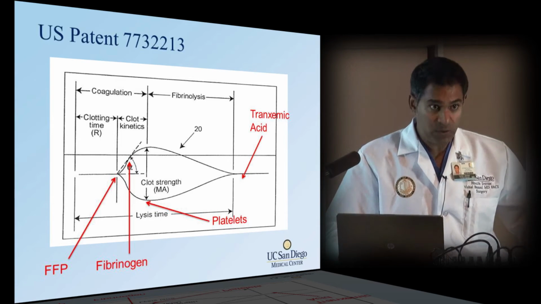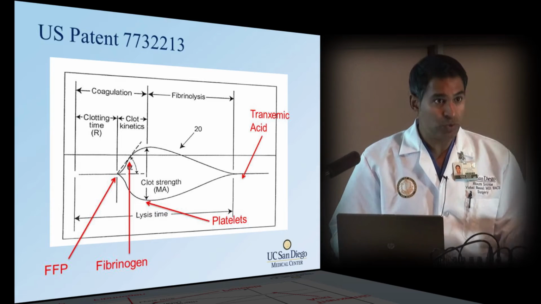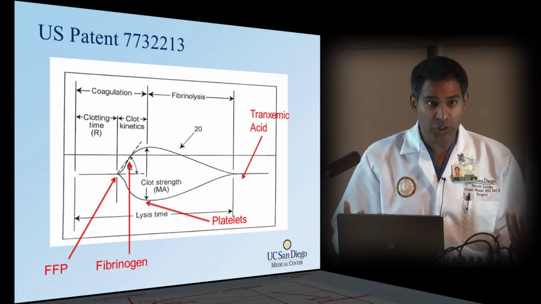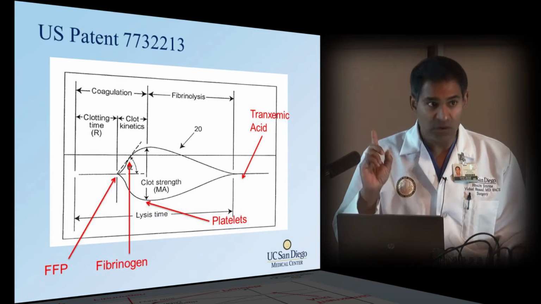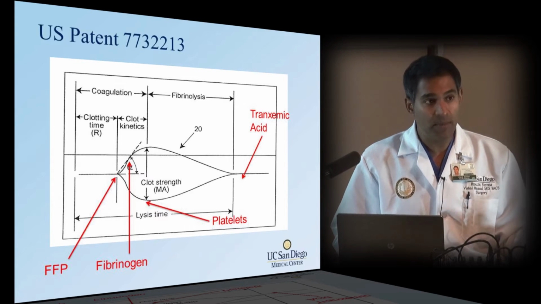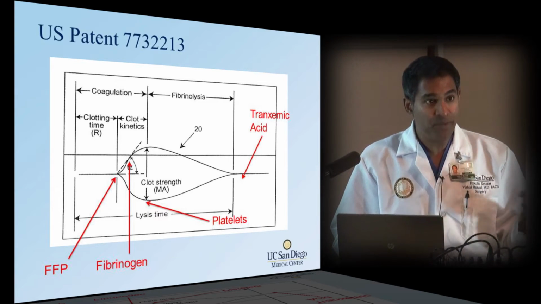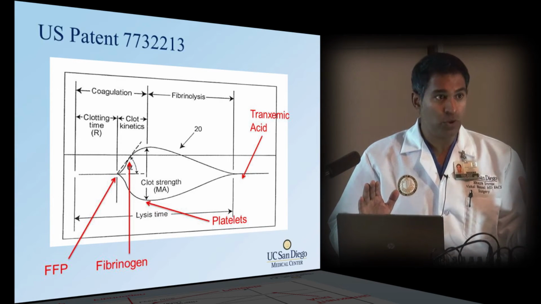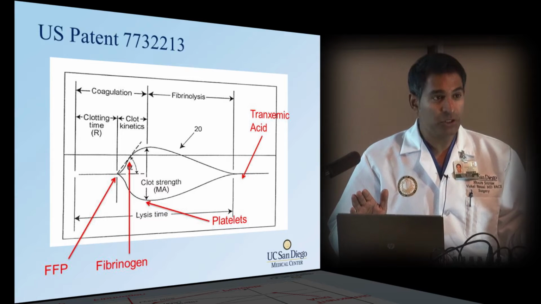That's all it is, folks. There's nothing more. These are the only values we use. There's probably a whole other bunch of stuff in there, but we, as clinicians and surgeons, don't really look at that. We just look at these four things: R time, angle, MA, and whether the clot is lysing. That's all there is to it. So we're done. Go eat lunch.